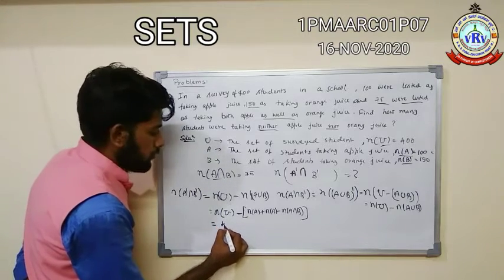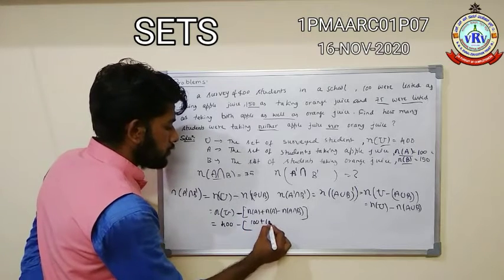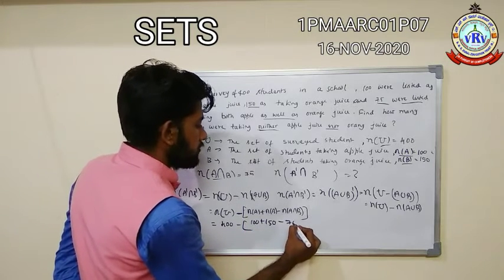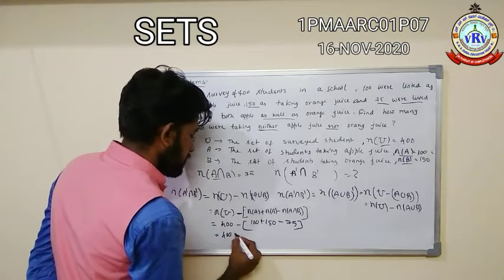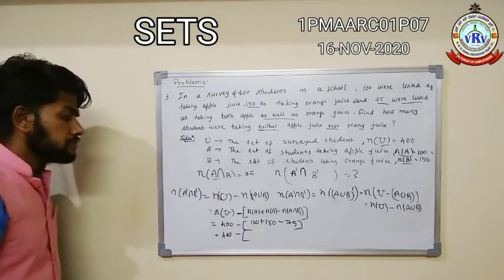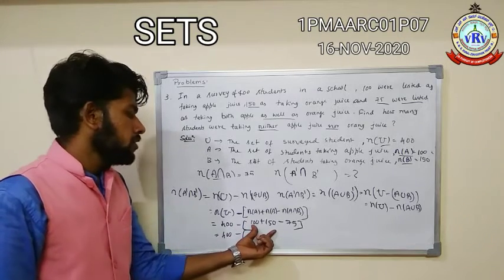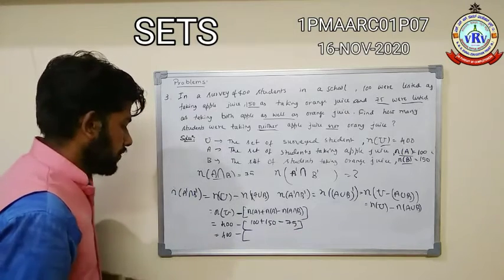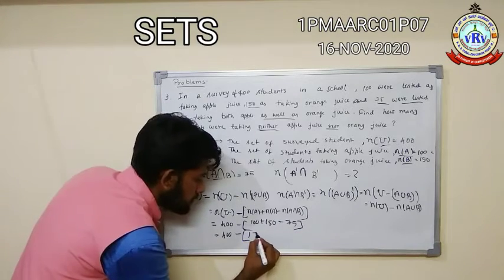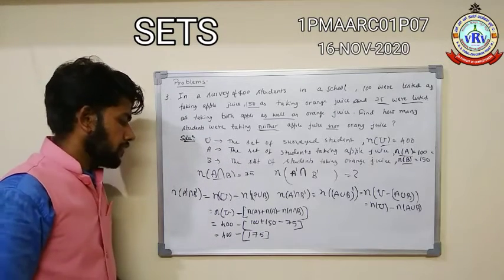n of U is equal to 400 minus, n of A is equal to 100, n of B is equal to 150, n of A intersection B is equal to 75. Now this is 250, 250 minus 75 is 175, right? 175.